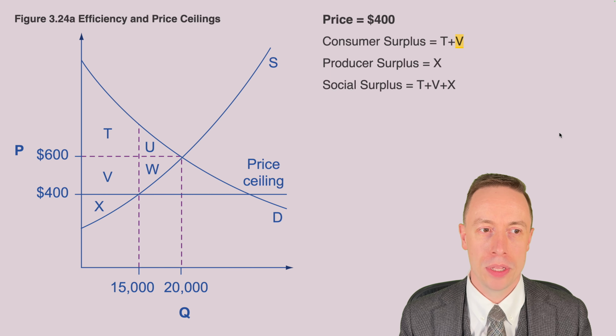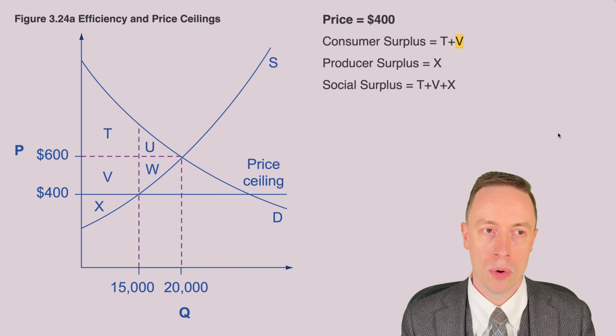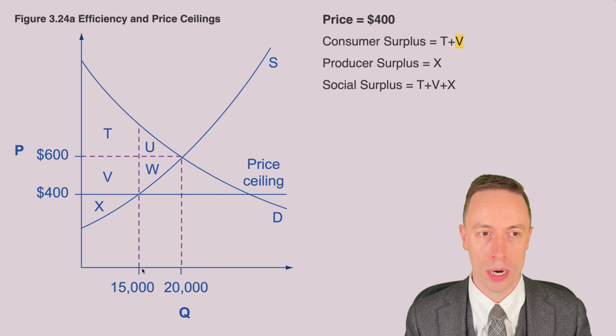So let's sum up this social surplus. Social surplus now amounts to areas T, V, and X. Basically, because the quantity is now lower, social surplus ends at an earlier line.